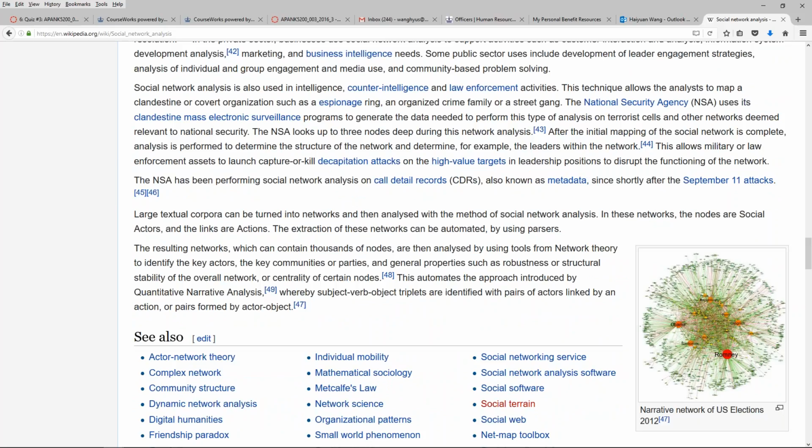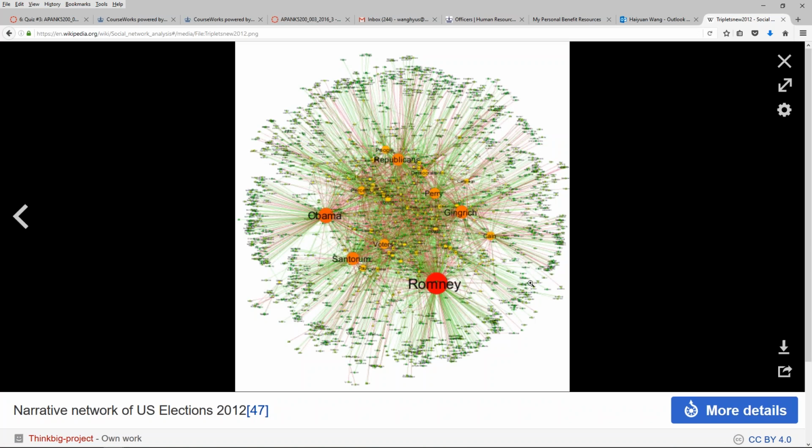And then potentially we could also understand, in this 2012 election example, the narrative network of the US election in 2012. And one of the famous examples in social networks is the Enron dataset. Before Enron collapsed, they actually published their internal email communications, probably a couple of months of email data.